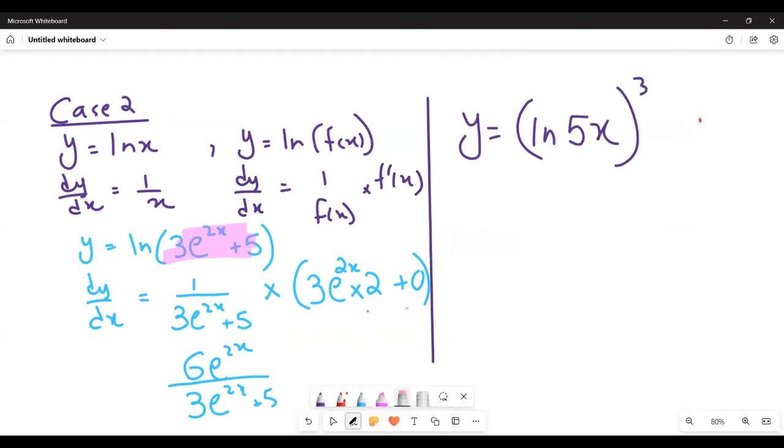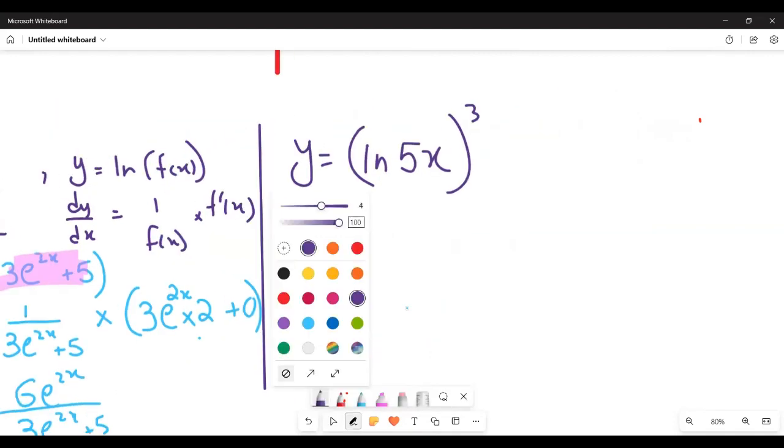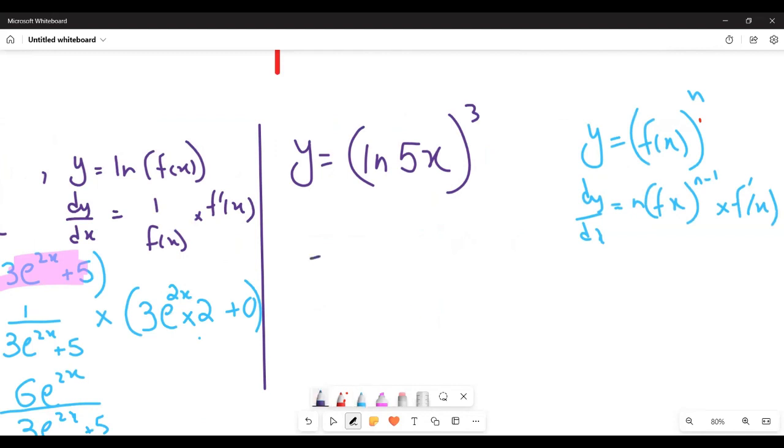Now, this is the case of y equals f(x) power n. And what's the derivative of that? It's n and then f(x) with power n minus 1 times f prime x. So this is what we have to do. Bring the power down, 3 times bracket ln 5x bracket close square, times the derivative of ln 5x.